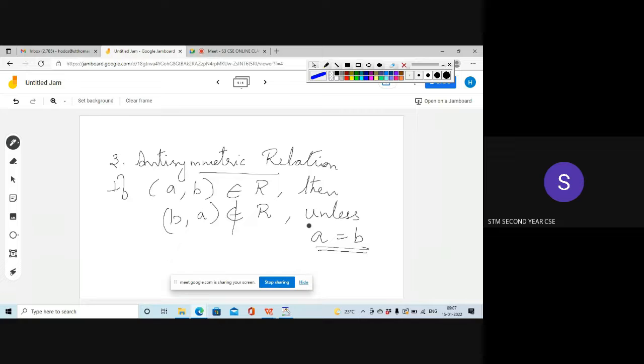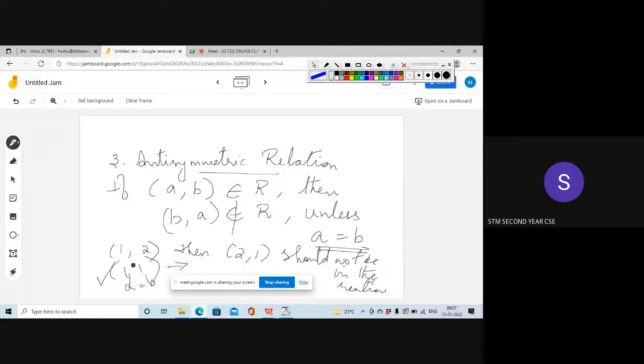If they are two different elements, that is, if in a relation R (1, 2) is there, then (2, 1) should not be in the relation. But if (1, 1) is there, then it is okay because a is equal to b.